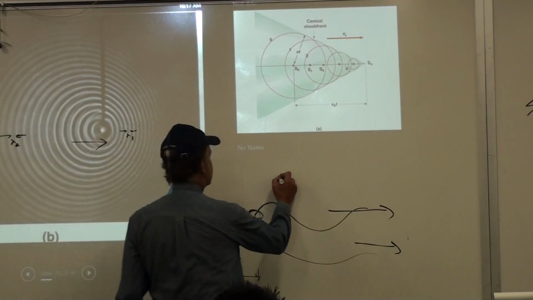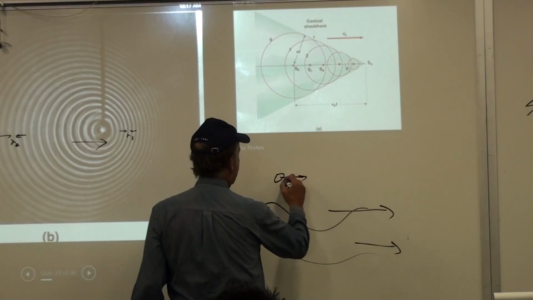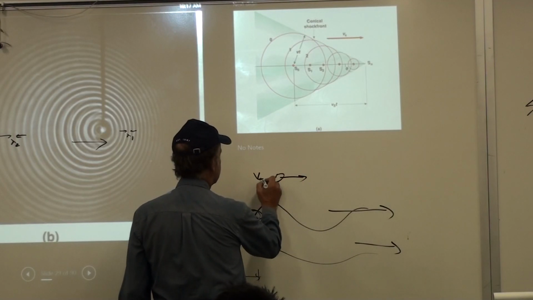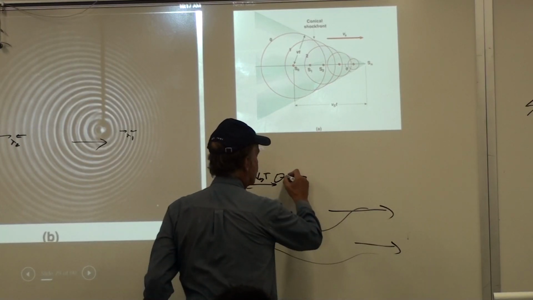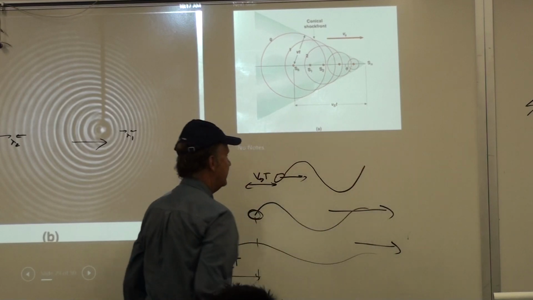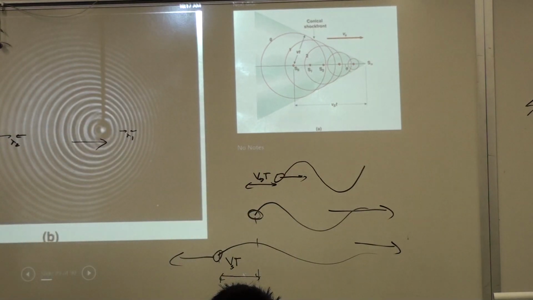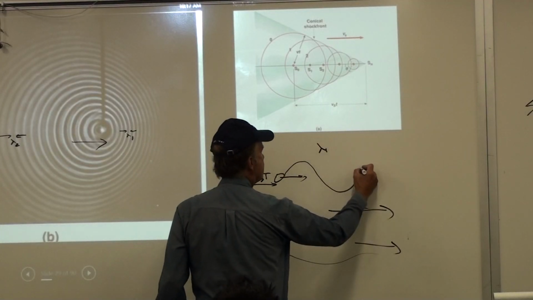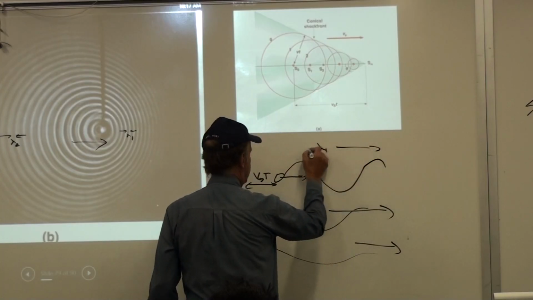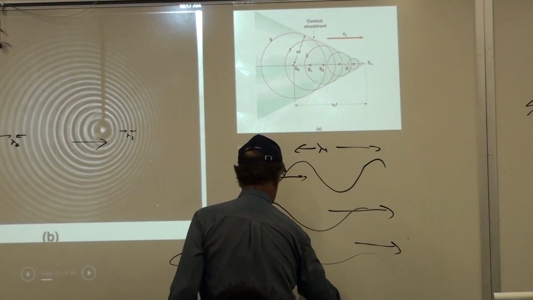But when it's moving toward, like this, then it moves the velocity of the source times the period of the wave in the same direction as the direction of wave energy. And so that shrinks the wavelength. And so this is your lambda 1. And this is your lambda 2.